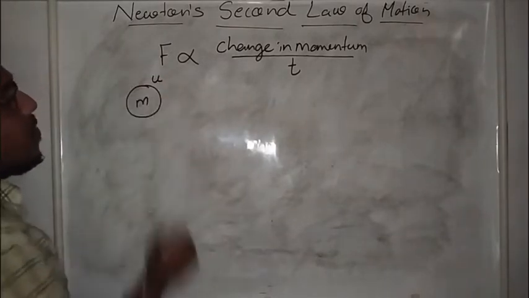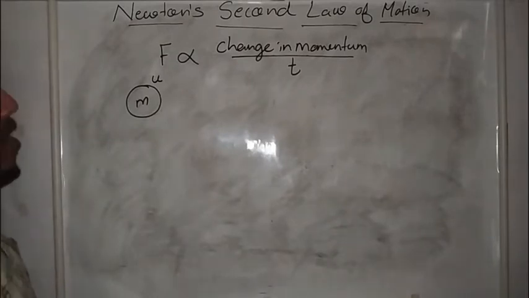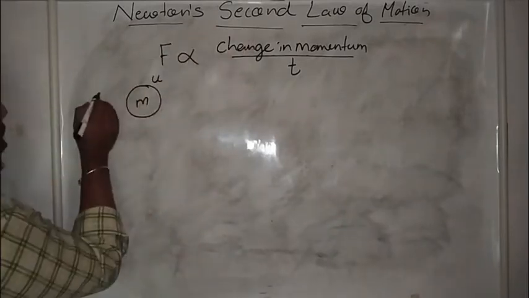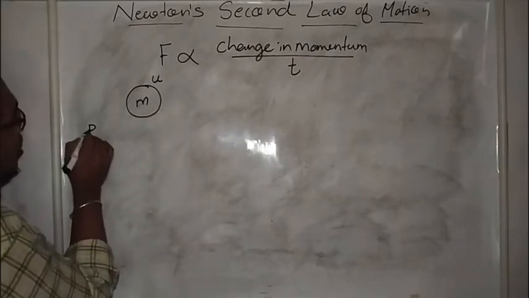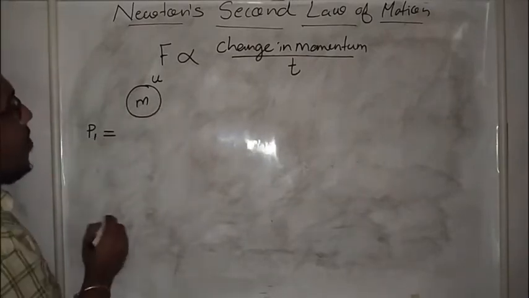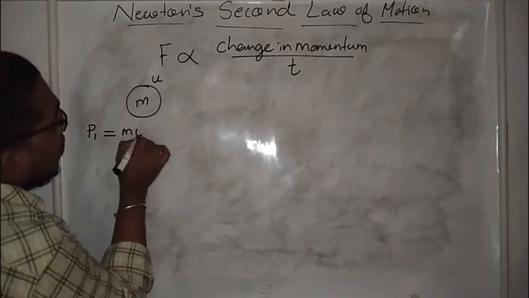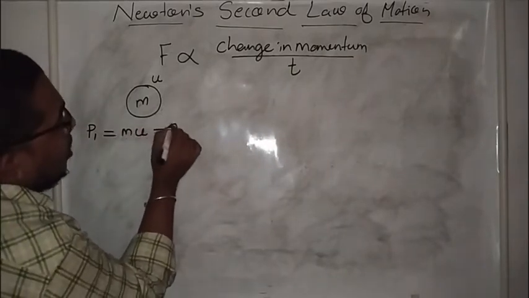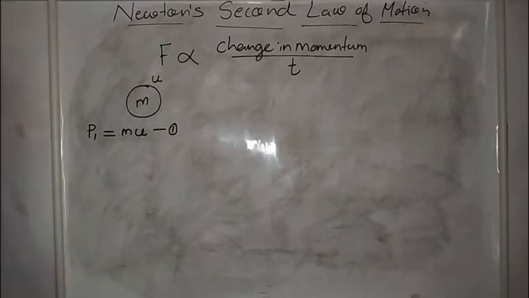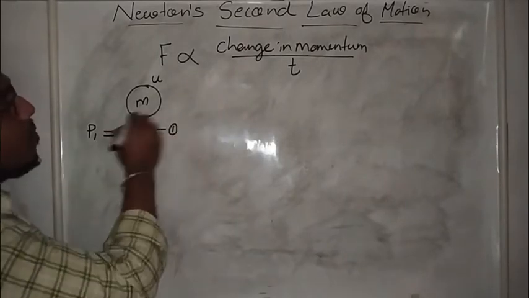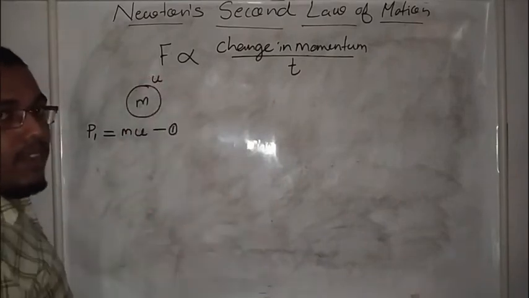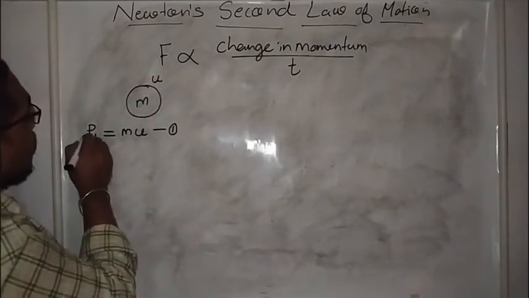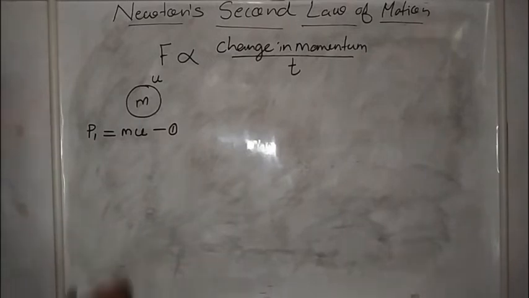Here u is the initial velocity of the body. The initial momentum of the body is mu, equation 1. We know that the equation for momentum is P equal to mv. Here u is the initial velocity, therefore the initial momentum of the body P1 is equal to mu.